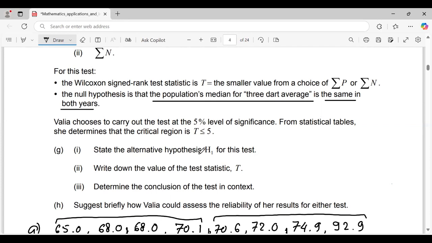State the alternative hypothesis for this test.